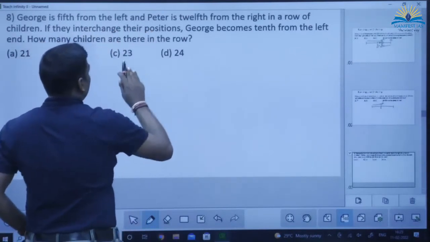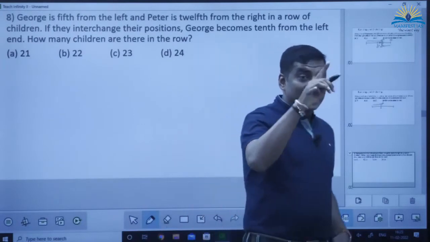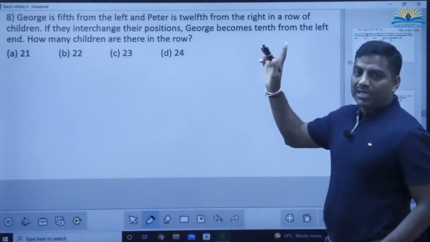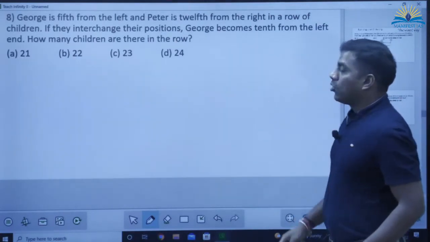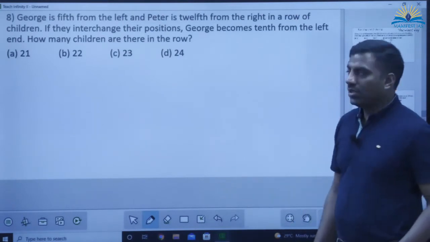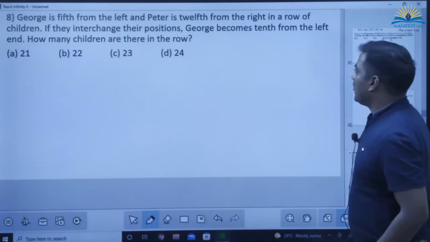George is 5th from left and Peter is 12th from right. It is just like the earlier problem. George's position is from the left and Peter's from the right. Two data we know. In a row of children, if they interchange their positions, George becomes 10th from left end.